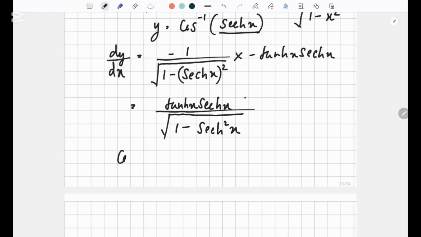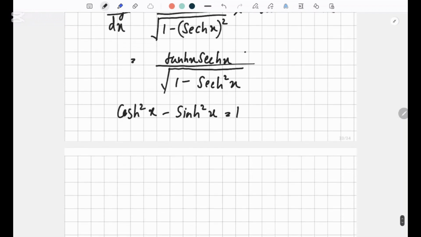So you should know cosh squared x minus sinh squared x equals 1. This is in hyperbolic functions. In normal trigonometric functions, we have cos squared x plus sin squared x equals 1, but this is different. This is hyperbolic functions, so it's minus.